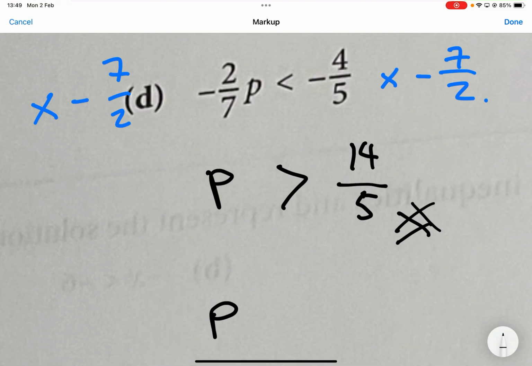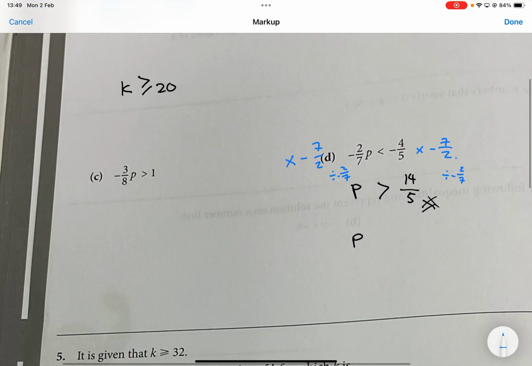It is actually the same as if I divide by negative 2 over 7. They are the same thing. Dividing by negative 2 over 7 will also make this disappear. You will get the same number. So if you know your equation, it is really very easy.